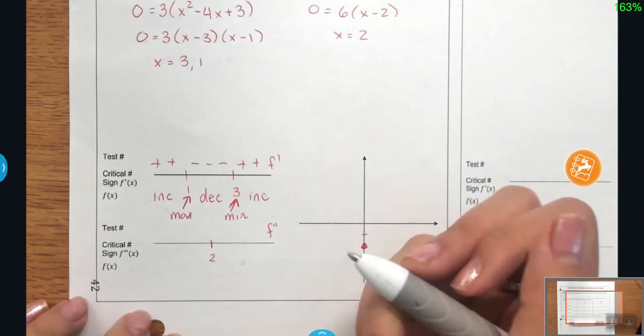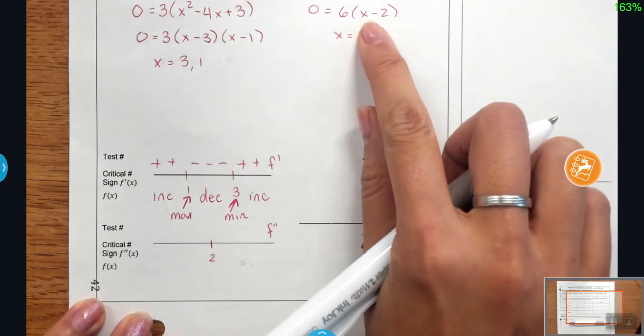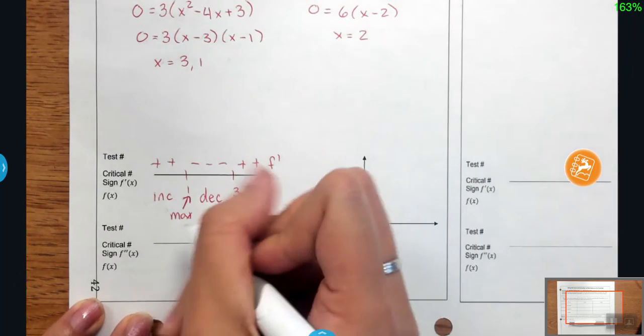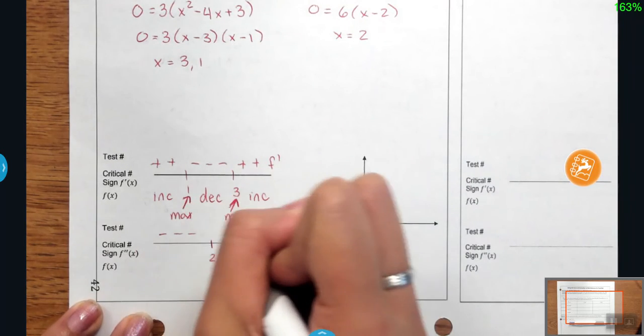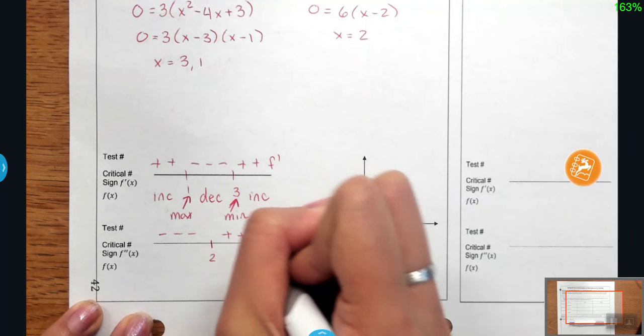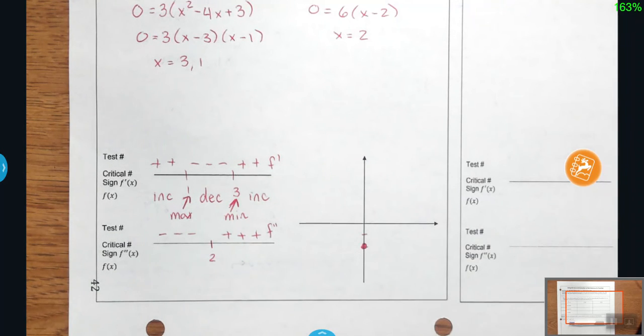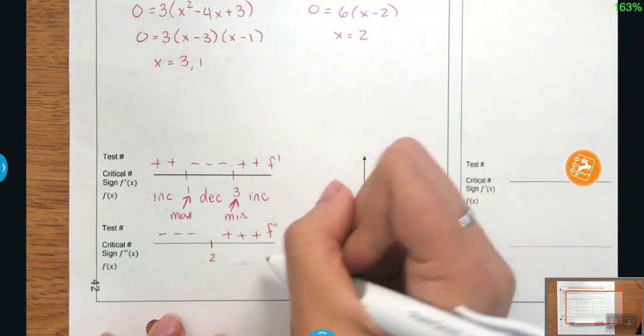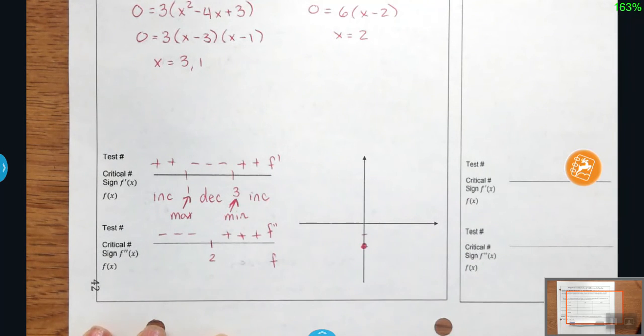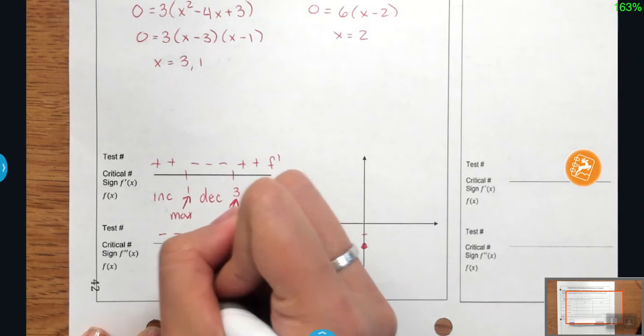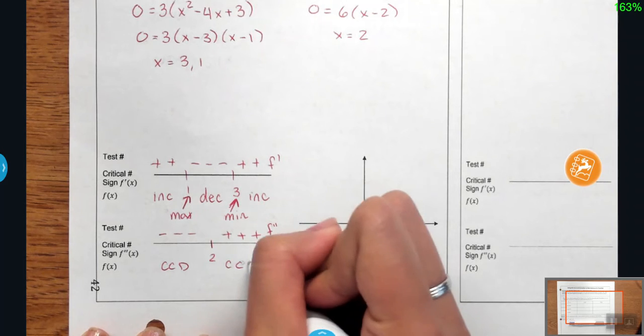When I plug in 0, it's negative, and then positive. Cool. So what does that tell me that f is doing? Concave down and concave up.